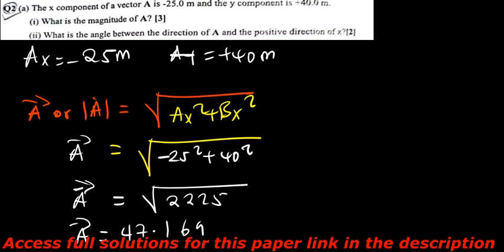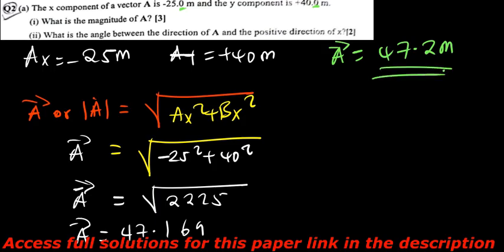If I check the question here, this is in one decimal place, this is also in one decimal place, so I'm going to follow that. So my answer has to be in one decimal place. So vector A is 47.2 meters. That is the magnitude of vector A.